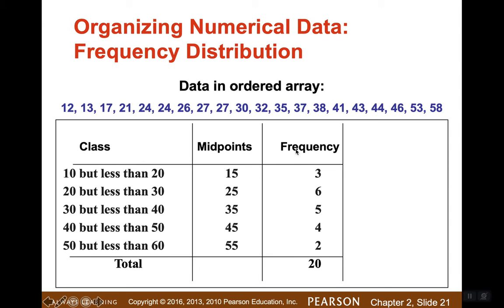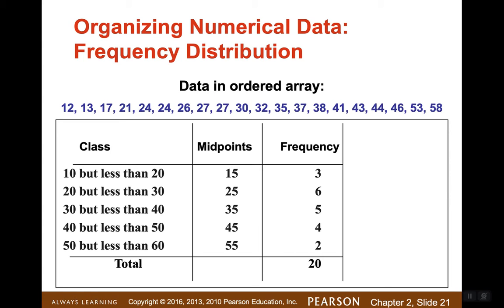So within the sample, we have 3 recordings that are at least 10 but less than 20. We have 6 that are at least 20 but less than 30, which is 20 to 29.